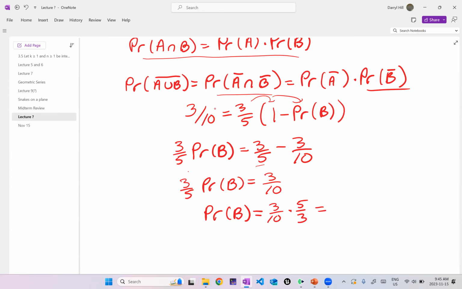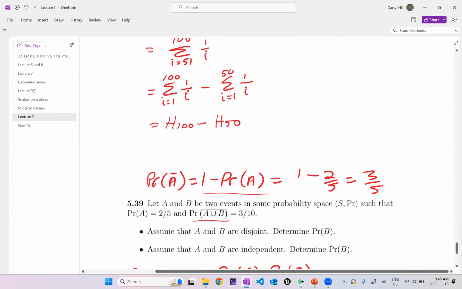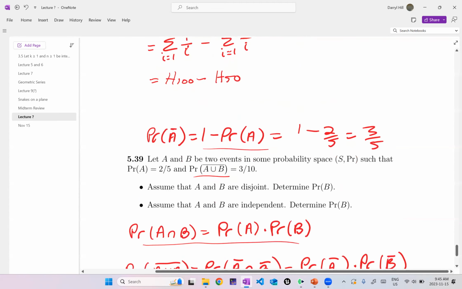This cancels with this, I get 5/10, which is equal to 1/2. Okay. So yeah, questions? Okay, so that is the difference, you know, operationally between disjoint and independent, I suppose.